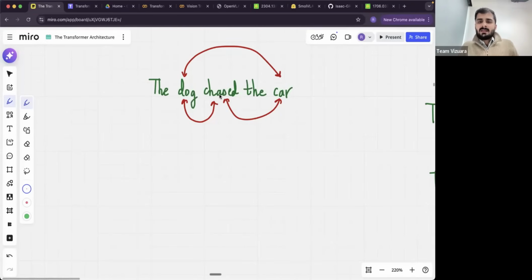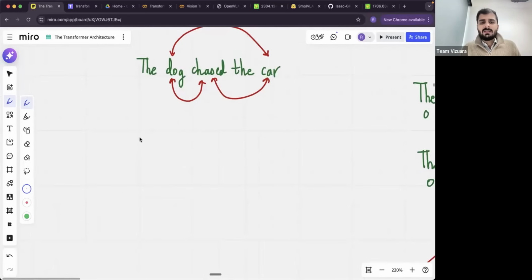So when we understand the semantic meaning of a sentence, we understand which tokens in the sentence are attending to which other tokens, and whether the attention is strong or less, etc. Now to calculate the attention for all these tokens with each other, what we can do is simply form a matrix which looks like this.